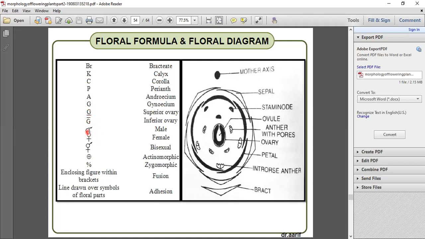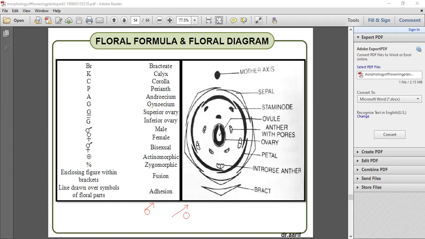This is the symbol of male. This is the symbol of female. You know why the male symbol has this structure? Class? Any idea? Yes, it is the symbol of a spear and a shield.